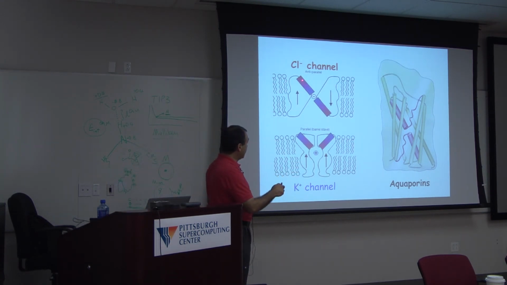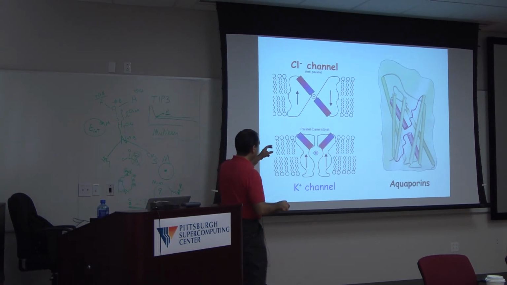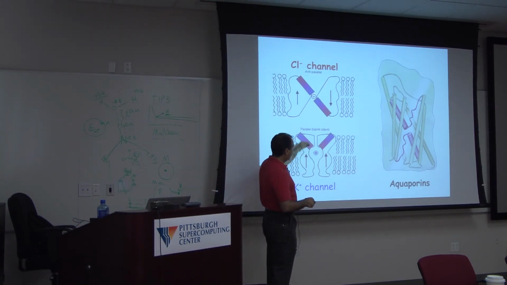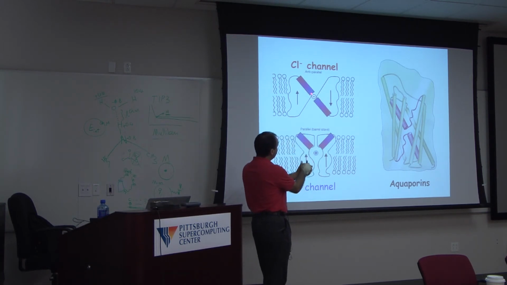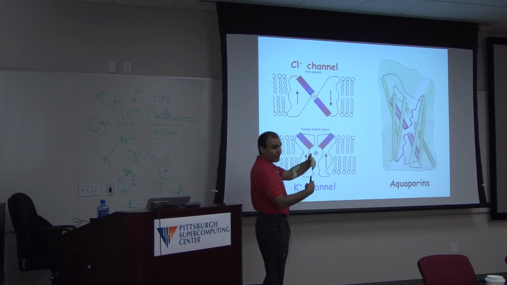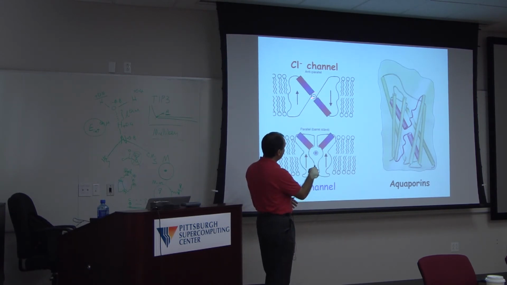And you can see in potassium channels, you have the same half helices concentrating the same end, generating a very negative field here, which is optimal for a positive ion. In the case of the chloride channel, you have these 2 half helices pointing their positive end, forming a site for a negative ion.